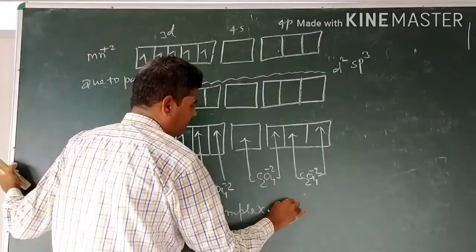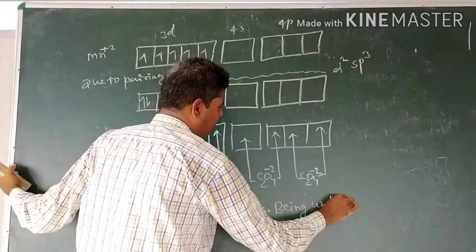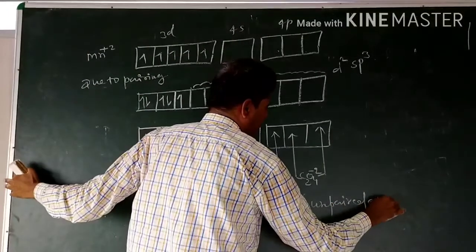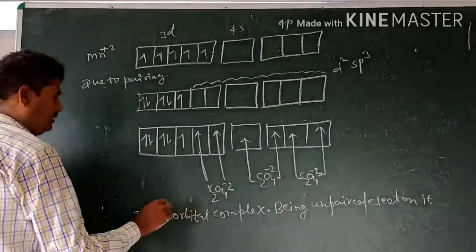Being an unpaired electron, it is paramagnetic.